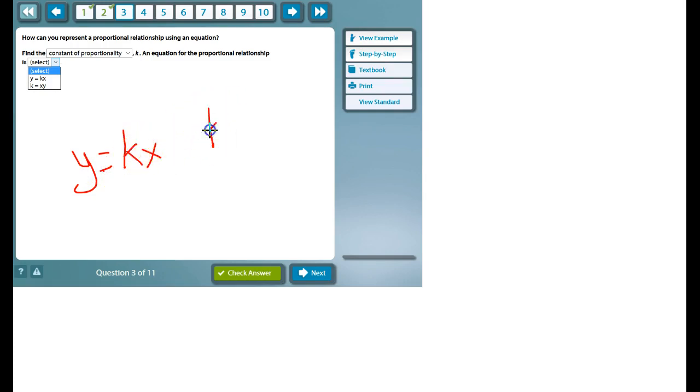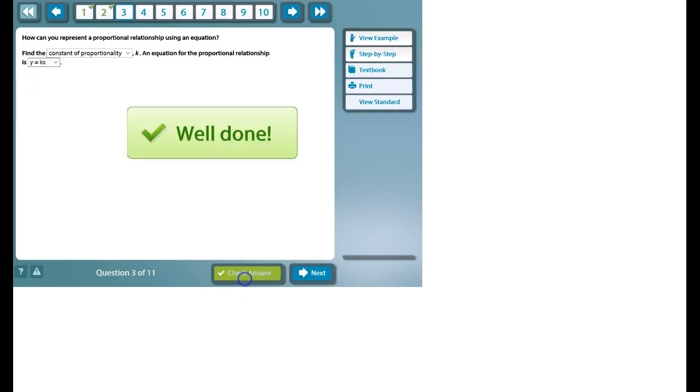But if I wanted k to be alone, k would equal y divided by, oh, wait, I did it backwards. Divided by x, because that eliminates this, leaving k alone. So it will be y over x equals k. So then let's see which one we're supposed to pick. K does not equal x times y. So let me get rid of my ink. There we go. Excellent.